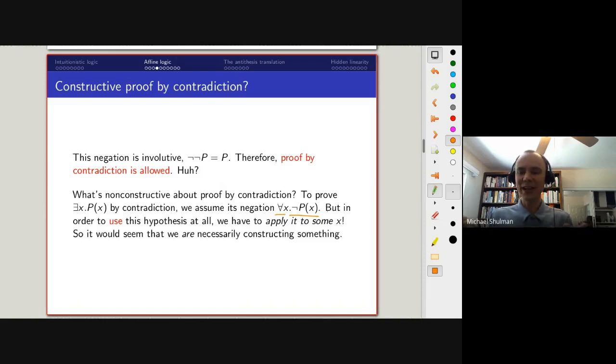Well, we have to give a particular x and use universal instantiation to conclude that that particular x does not satisfy P. So it seems like we've given an example. We have constructed something in order to give a proof by contradiction.